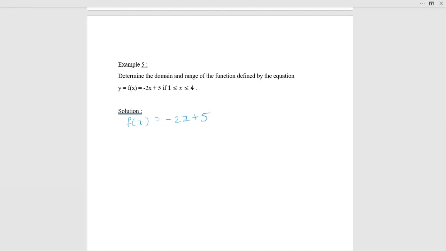is continuous from negative infinity to positive infinity. Right? But they give us where it is allowed, the x values where it is allowed. It is between 1 and 4. This is the domain.